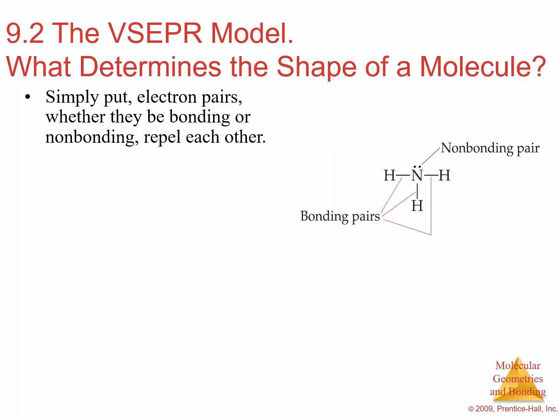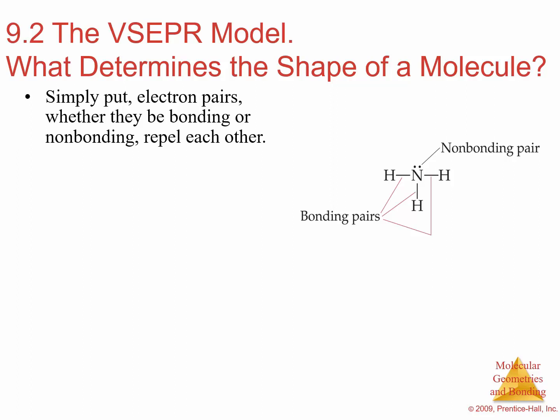When A is a representative element, one from the s block or p block of the periodic table, we can answer these questions by using the so-called valence shell electron pair repulsion model, or the VSEPR model. Although the name is rather imposing, the model is quite simple.